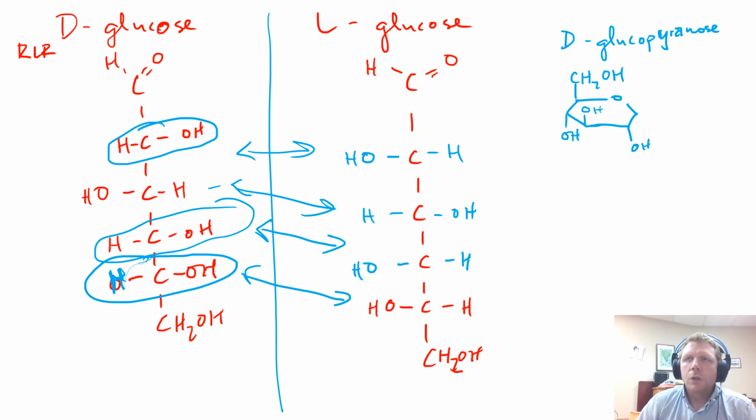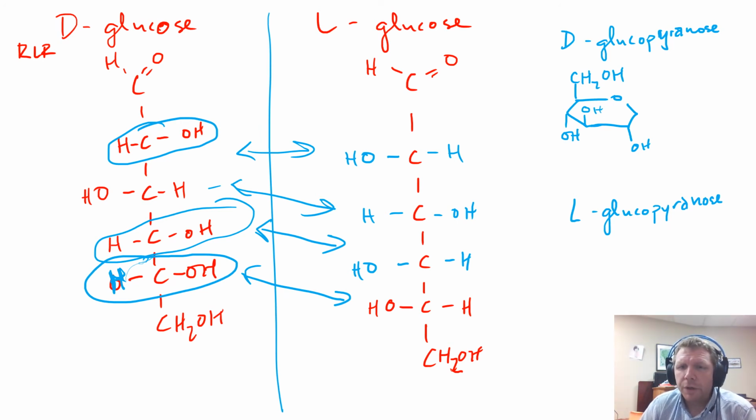Naturally a question is, what if I want to draw L-glucopyranose? I can't remember exactly in this textbook, but it's actually pretty uncommon to find a representation of L-glucopyranose or any L cyclic sugar, and I think that largely focuses on their biological relevance.